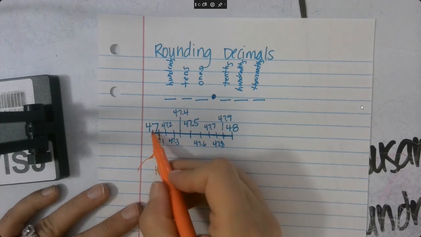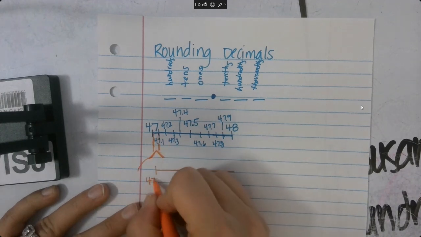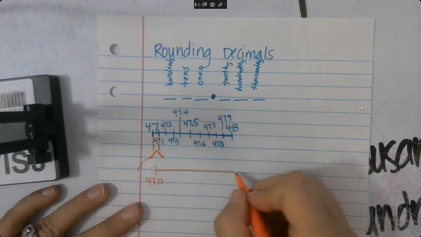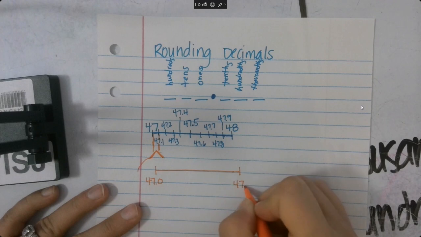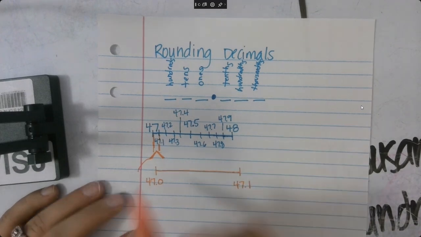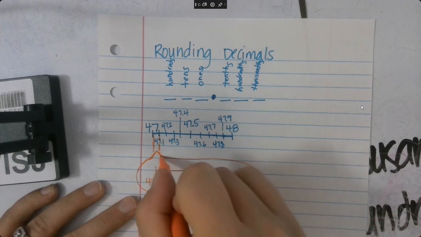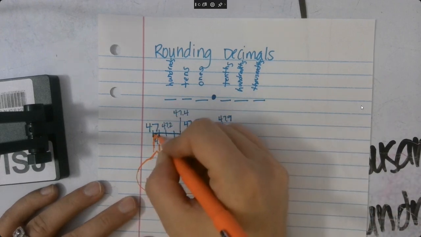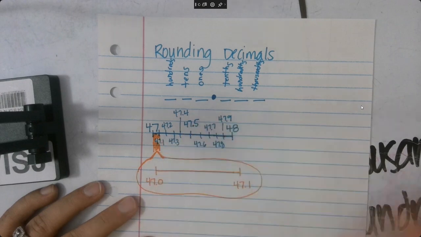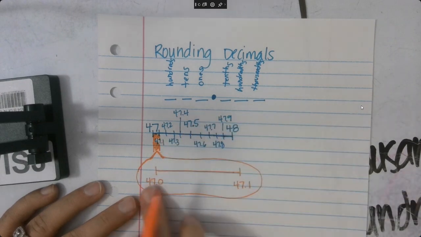So notice we have 47.0, 47, and then over on this end we would have 47 and 1/10. So if we have zoomed in with our microscope to just this portion of the number line, this is what we have.